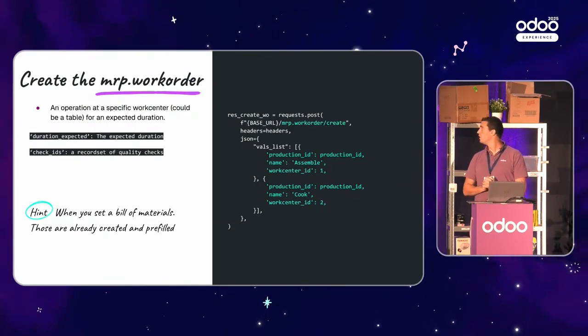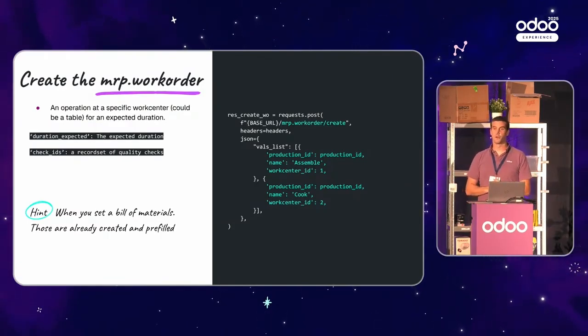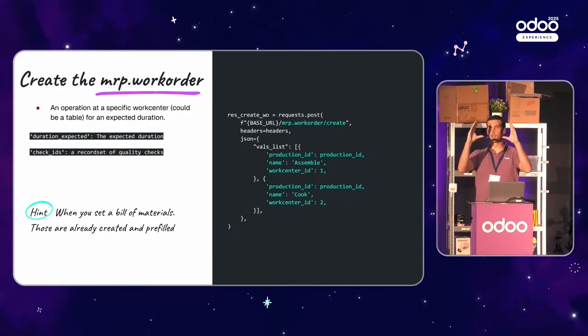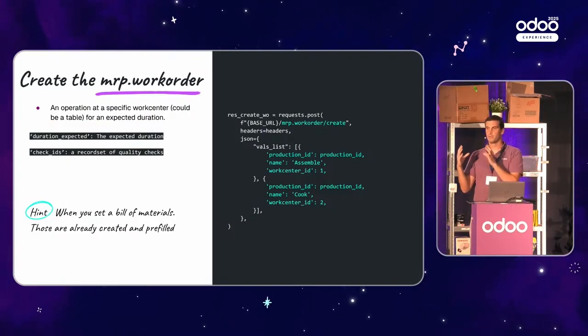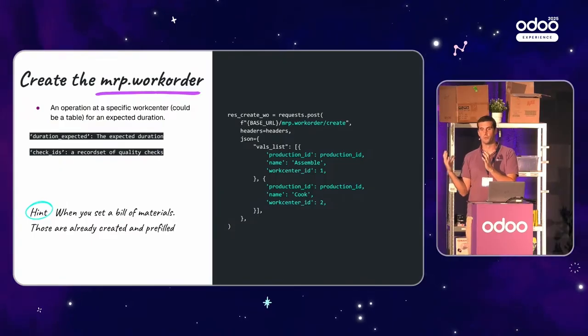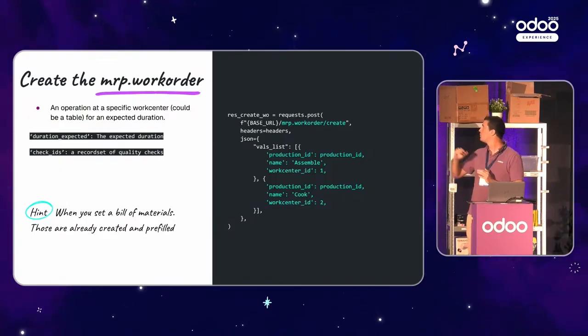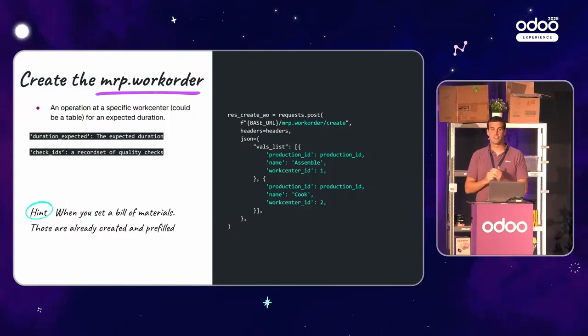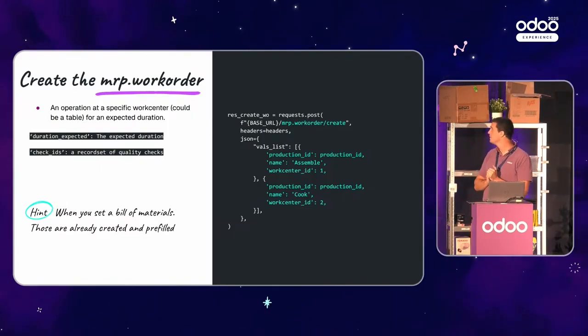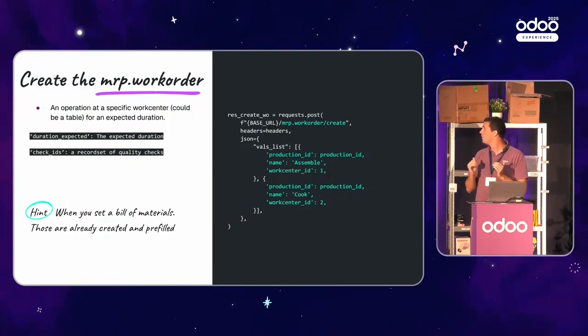Now we have the work order. So we have the production, we have the product to produce and we have the components to use, but we don't specify any operation to do. To do that, it's the object mrp.workorder. Again, it's a /create function, and it has different values that you can use.